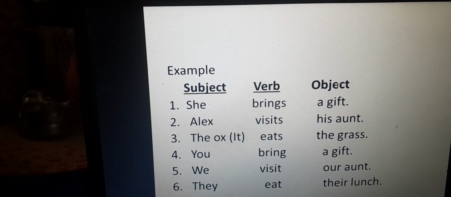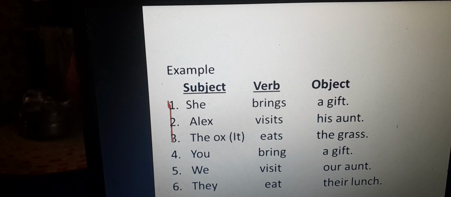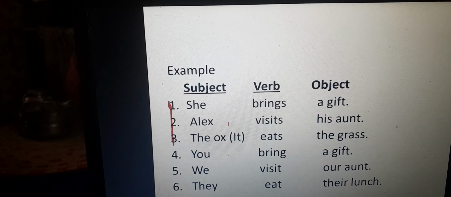So now let's take a look at general examples for simple present tense. For example, here we have 6 examples, and these examples have been constructed with plural and singular subjects. So she, Alex, the ox. So examples from number 1 up to number 3 are just for singular subjects, and the verb has taken suffixes, okay?